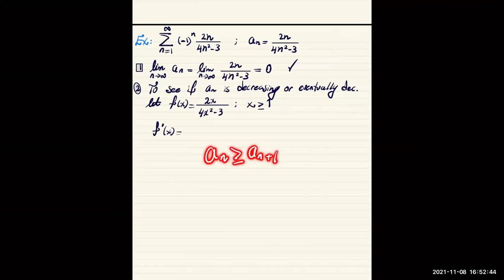Or you can look at the ratio of a sub n plus 1 to a sub n. If this ratio is less than 1, the sequence is decreasing. So there are 3 ways. You do the ratio thing if you're dealing with factorials, because for factorials we definitely can't take a derivative. But this is just a rational function.